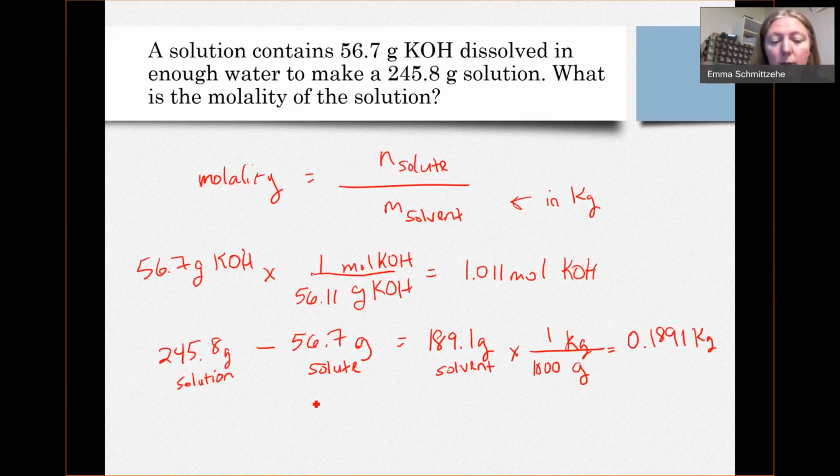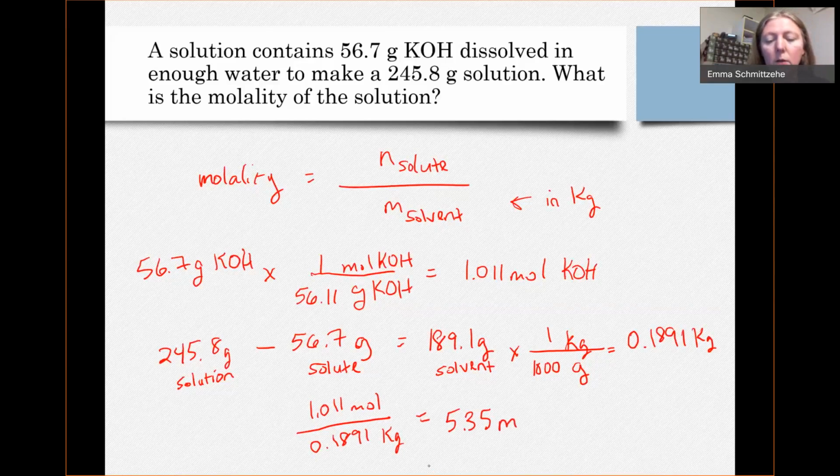So it's 1.011 moles over 0.1891 kilograms. 1.011 divided by 0.1891 gives me 5.35 molal, with a little m, and that's KOH.